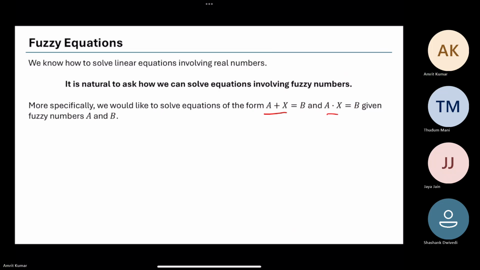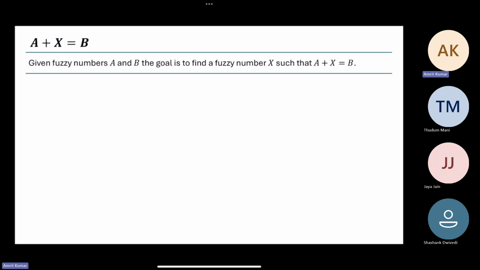Okay. Now I'll deal with the additive fuzzy equation a plus x equals b. So we know fuzzy numbers a and b, and the goal is to find a fuzzy number x such that a plus x equals b. Now suppose that such a fuzzy number exists.